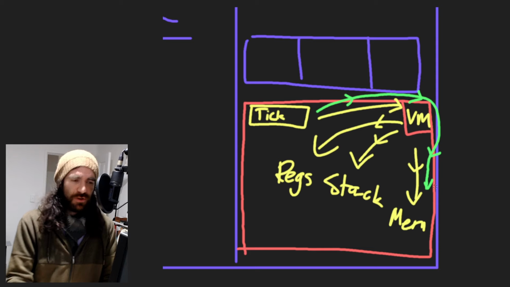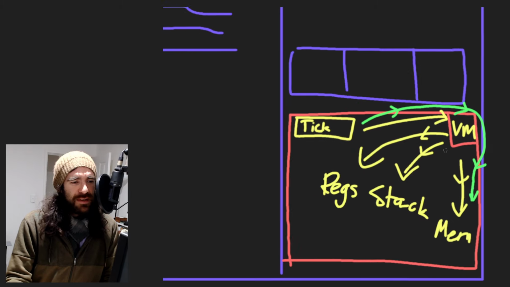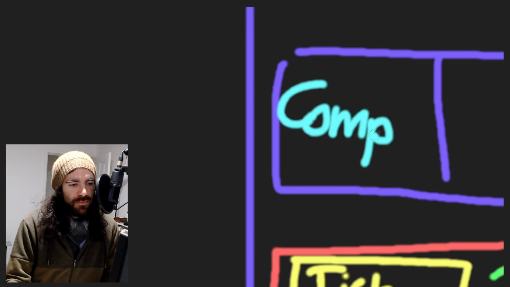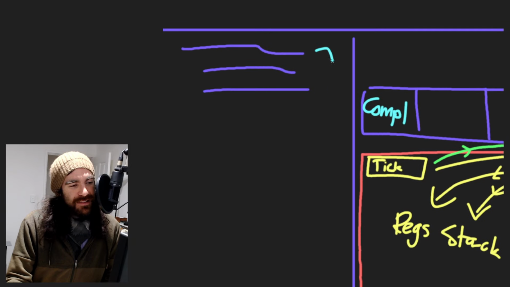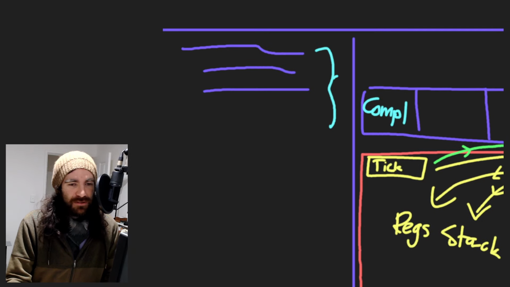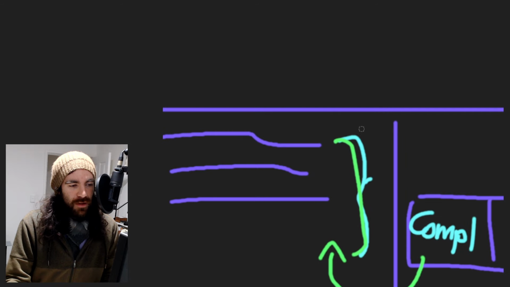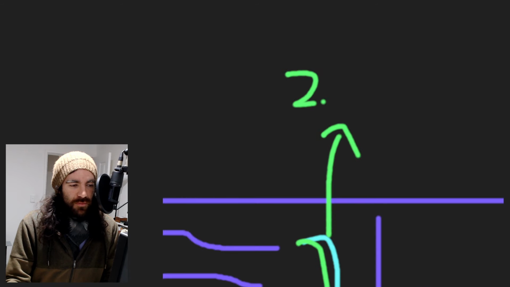Okay, so the only problem is, when we hit this button that's called compile, because I don't have enough room for that, we need to take this code here, right? So compile: take this code here and convert it.